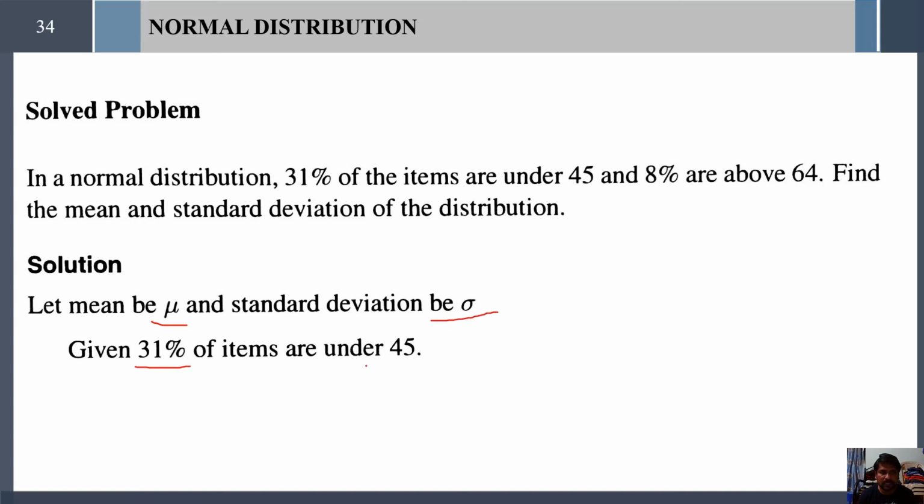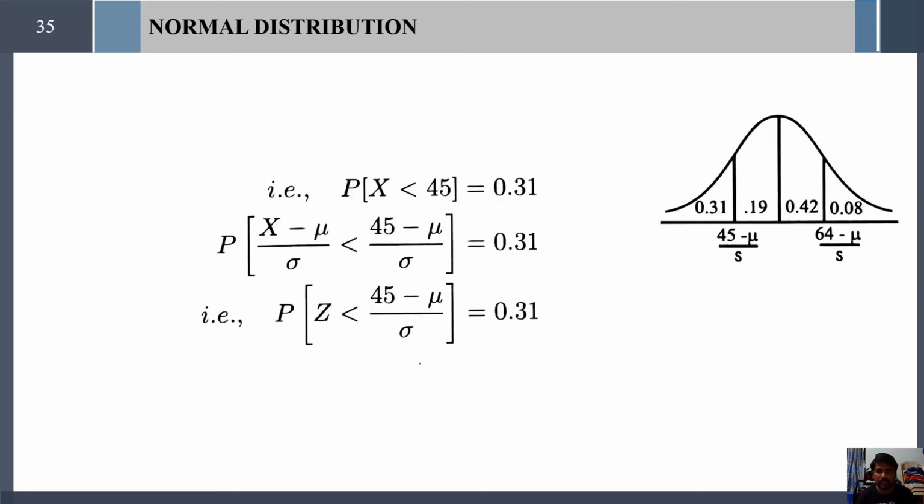Given 31% of the items are under 45, this is probability of x less than 45 equal to 31%. Probability of z less than this value, where x is 45 minus mean mu, because we are using the standard normal variate.